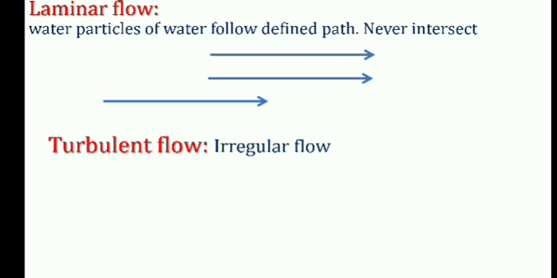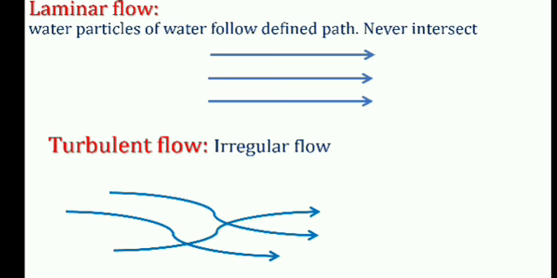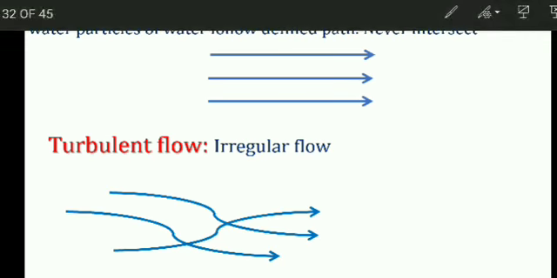They travel in a defined path and do not cross each other. That is called laminar flow. Whereas turbulent flow is irregular, like this you can see the particles intersect each other, so that flow is called turbulent flow, or irregular flow.